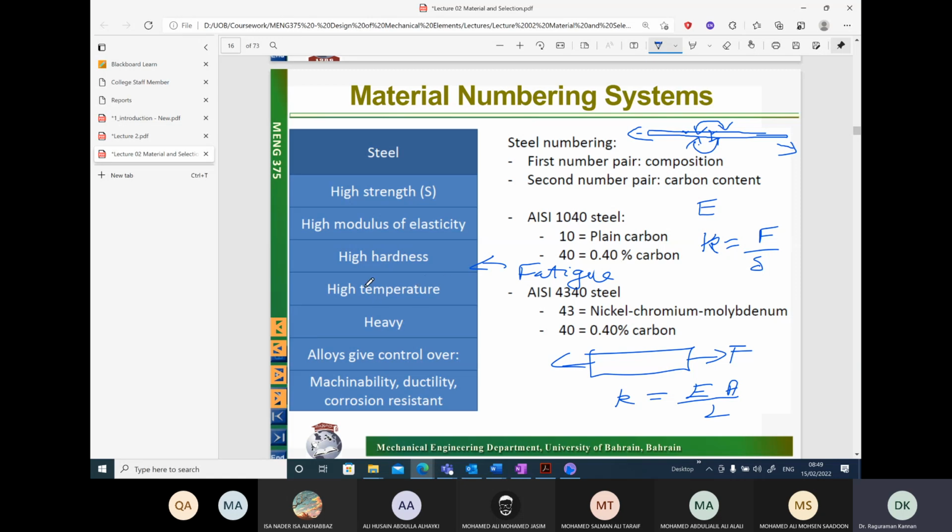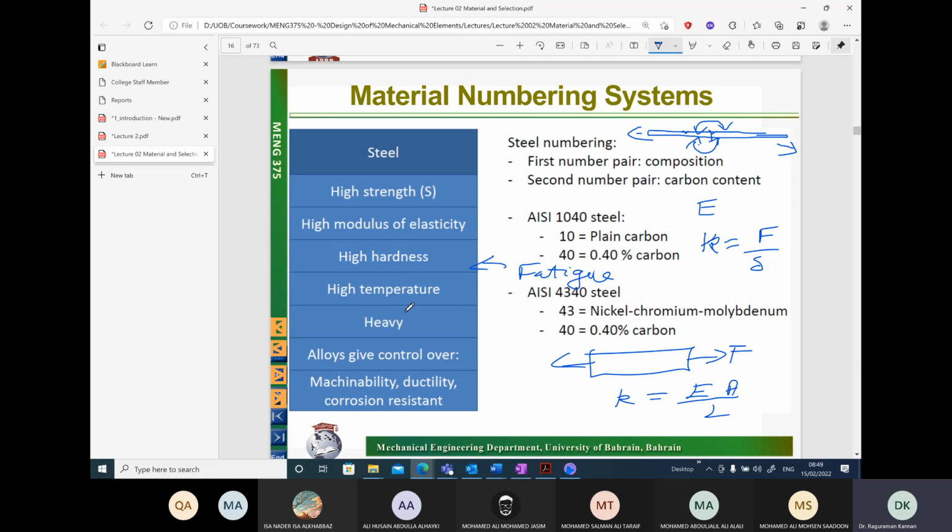Steel has very good hardness properties as well, provided we do not have any of these cracks. It operates at high temperatures. It has good properties even at not very high temperatures, but good properties at medium high temperatures.